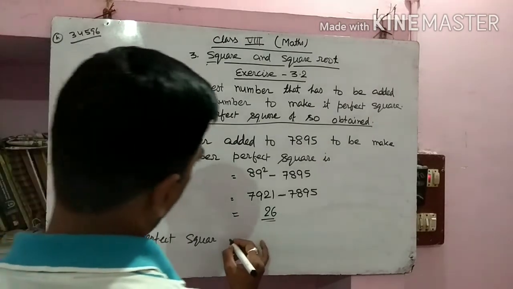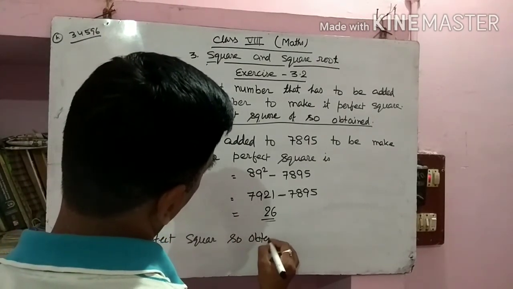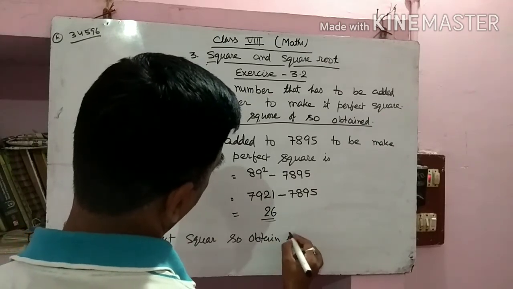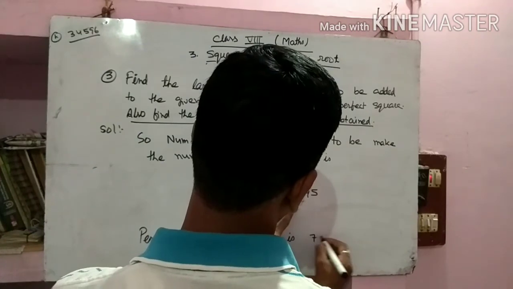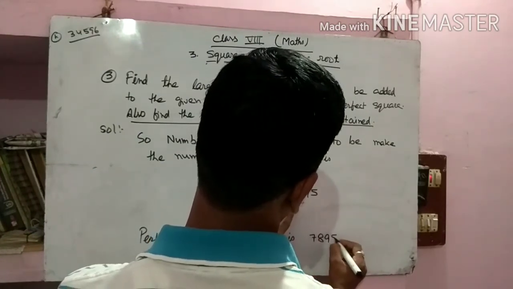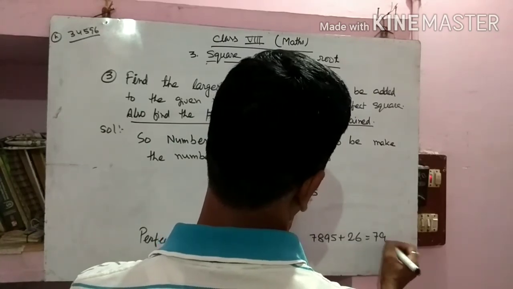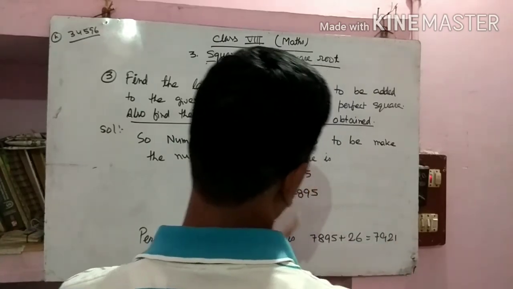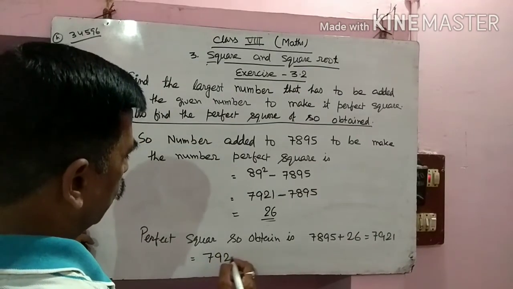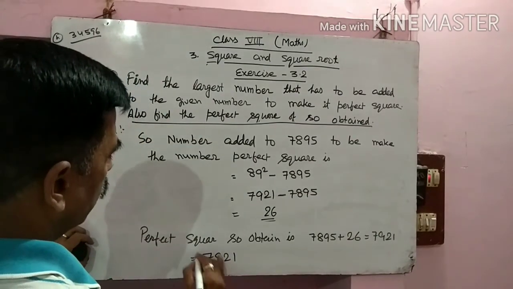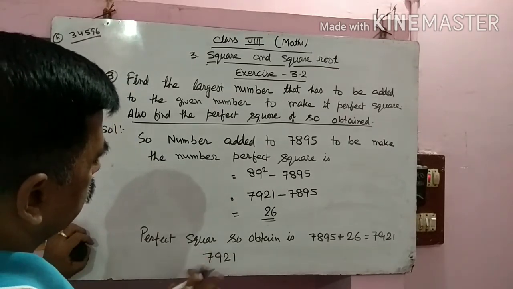The perfect square obtained is 7895 plus 26, which is equal to 7921. This is the perfect square. So the perfect square number is this much only.